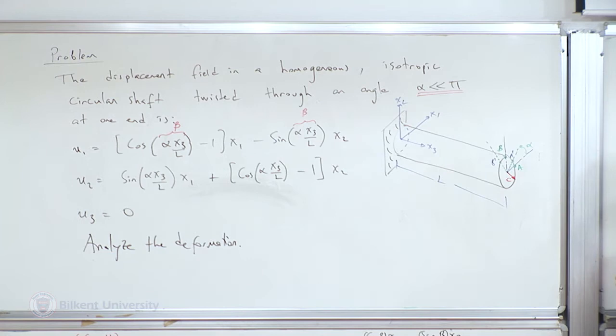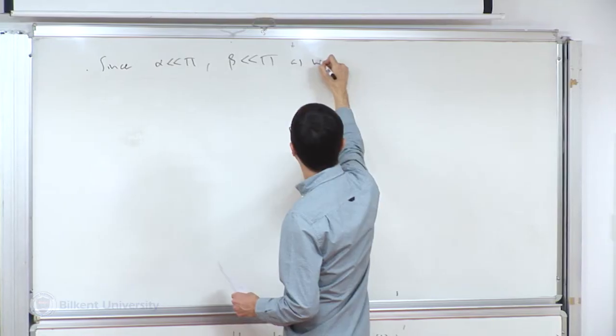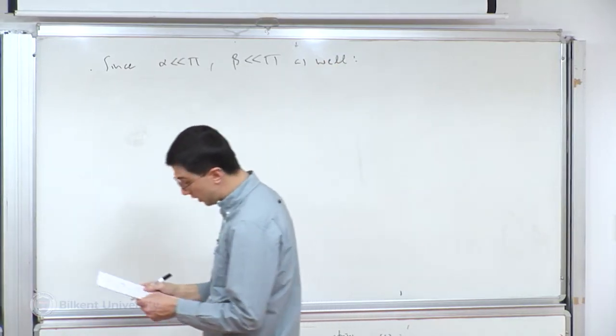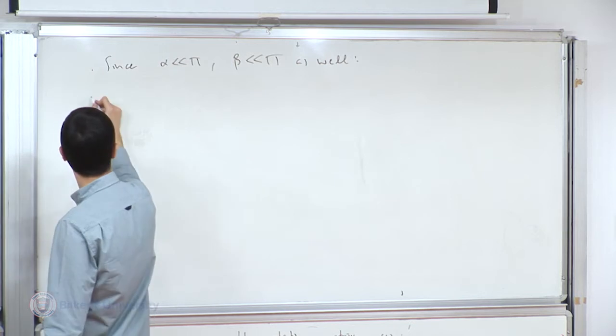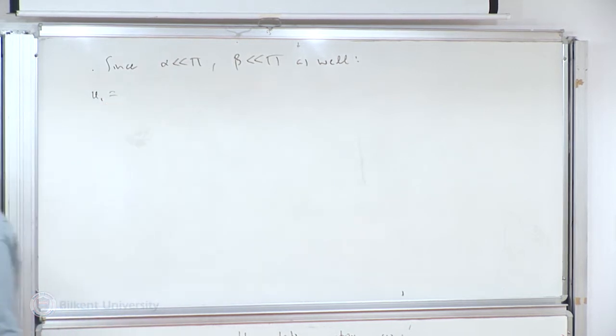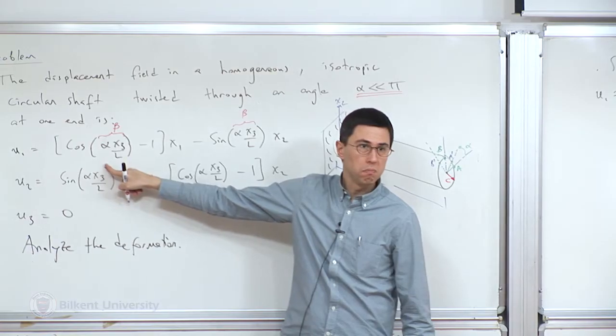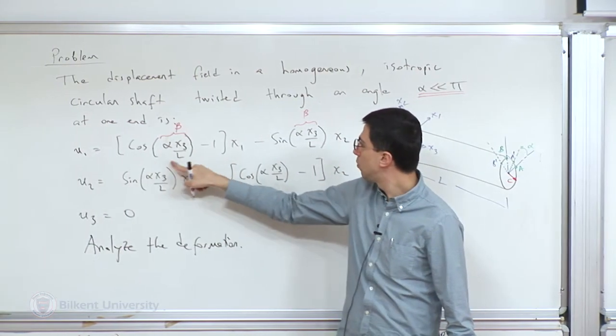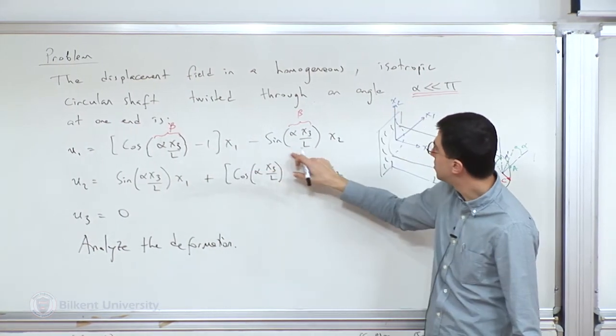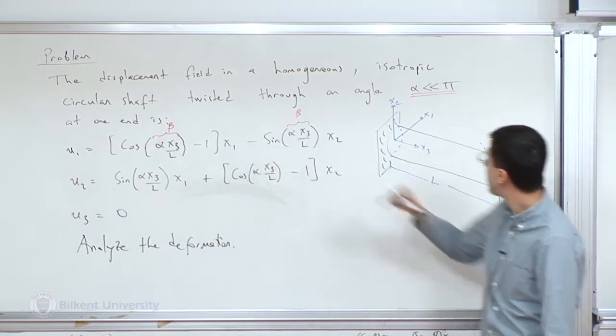Okay, so since alpha is much, much less than pi, beta is also much, much less than pi. So we can go ahead and simplify U1, U2, and U3. So when beta is small, this is 1. 1 minus 1 is gone, 0. And this is approximately minus beta.